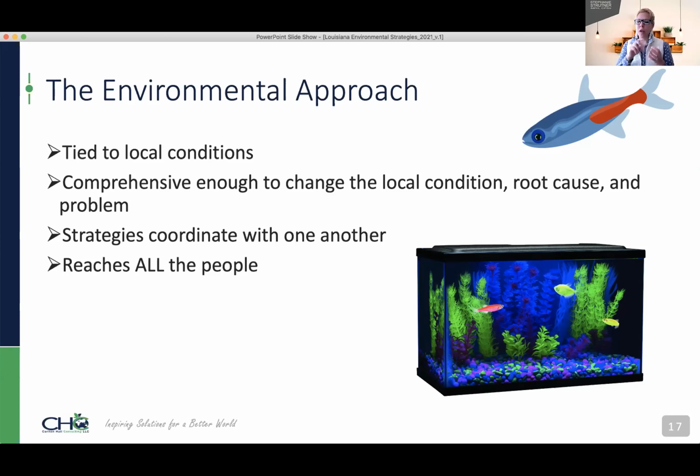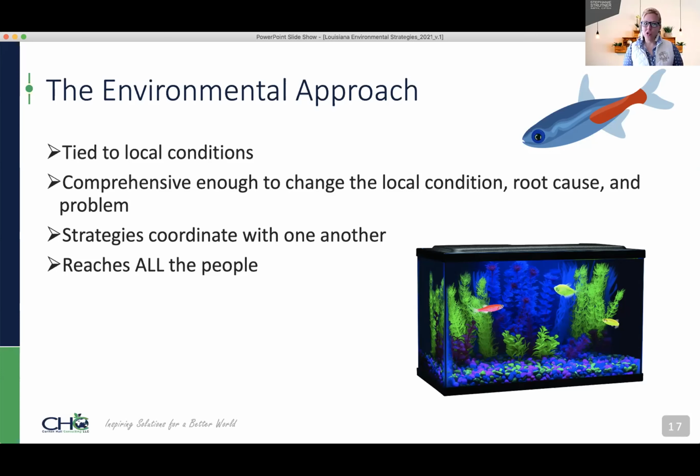And so when we think about the environmental approach, not only do we want to be very specific in how we tie to our local conditions, we also want our strategies to be comprehensive enough to change the local condition, and then thereby comes that domino effect. We change the local conditions, then we're changing those root causes, and those root causes changing our problem.